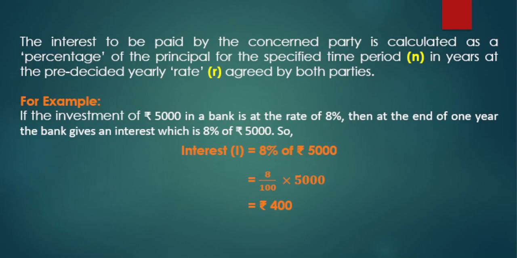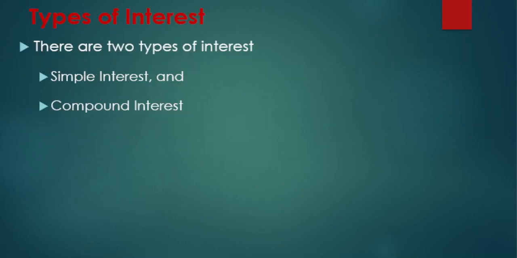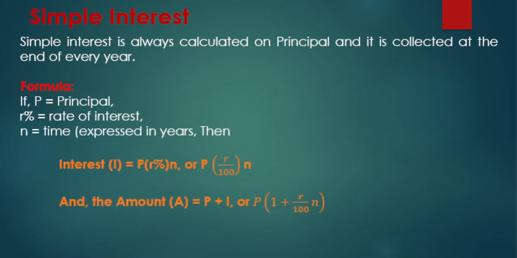Interest is of two types. First, simple interest, and the second is compound interest. Simple interest is always calculated on principal and it is collected at the end of every year. The formula for simple interest is P R upon 100 into N, where P denotes the principal, R is the rate of interest, and N is the time, which is always expressed in years.